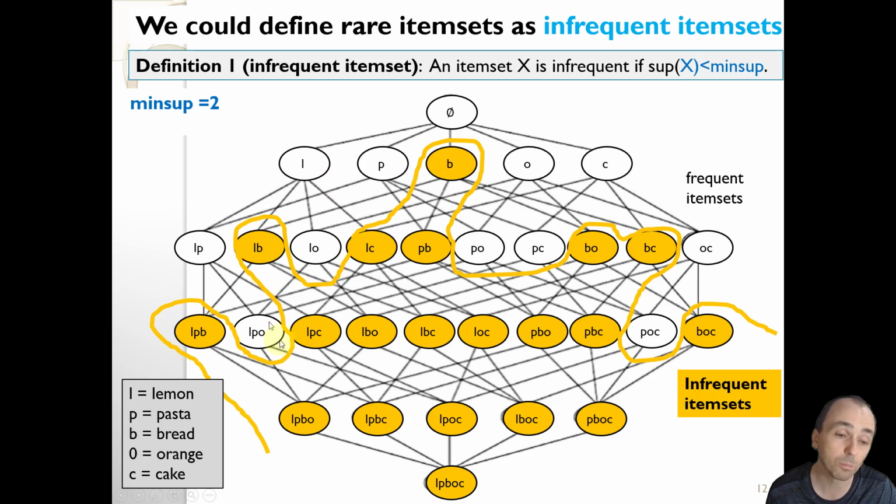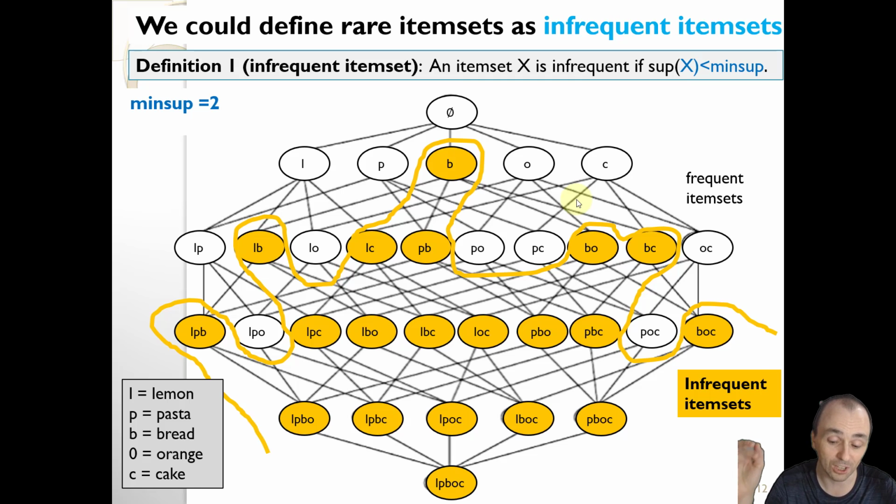Here on the picture, the same example, I have put in orange color all the infrequent item sets. In white color here we have the frequent item sets on top. So instead of finding the frequent item sets in white, now we find all the infrequent item sets in orange. So will it be a good idea to do this in general?